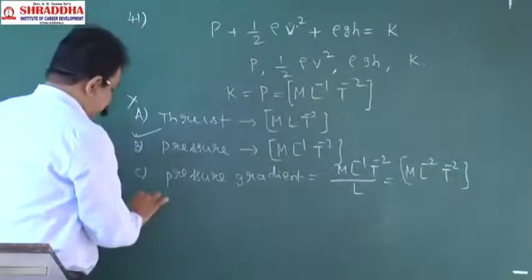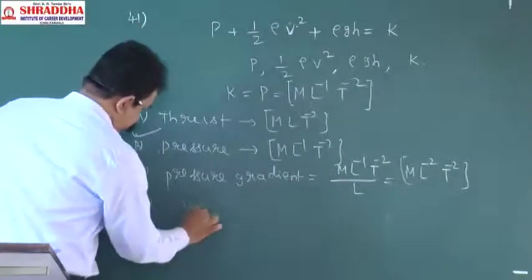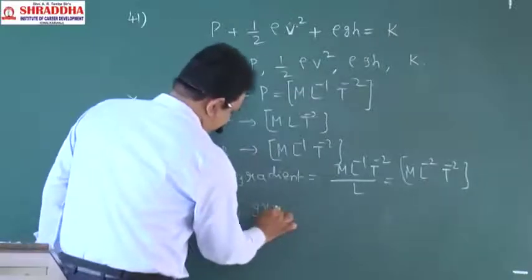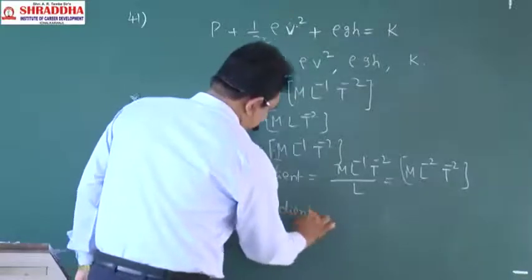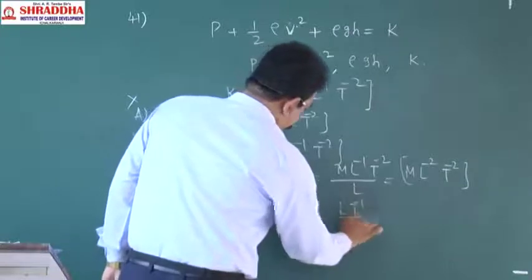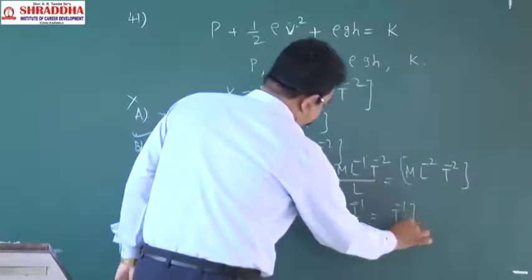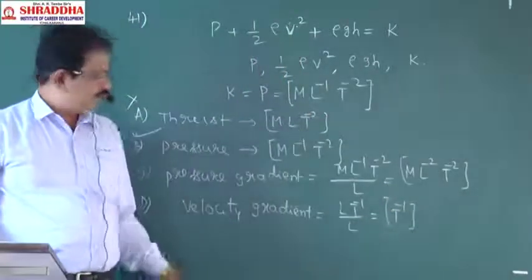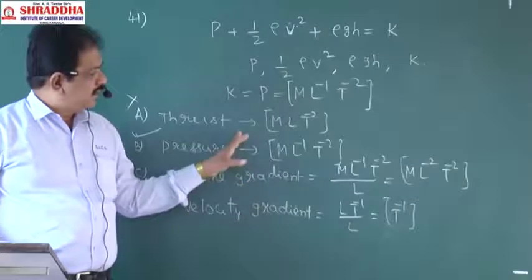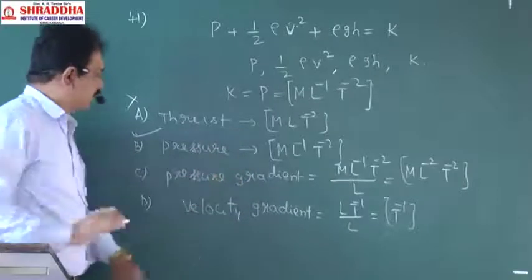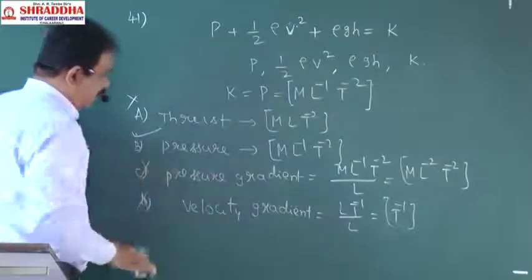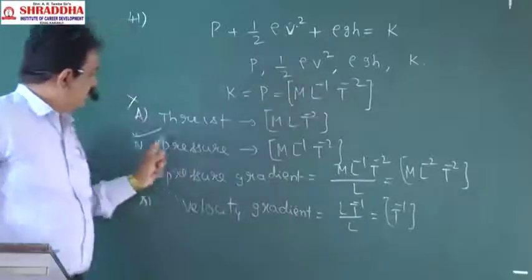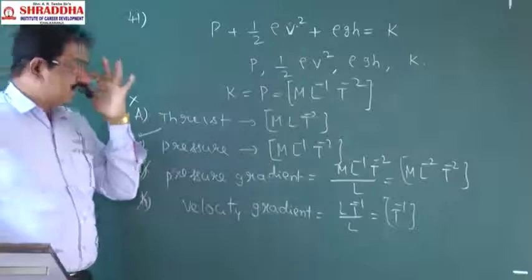Velocity gradient is change in the velocity by length, so this value is T power minus 1. So what is the answer then? Pressure gradient and velocity gradient do not have the same dimensions. So this will be the answer.